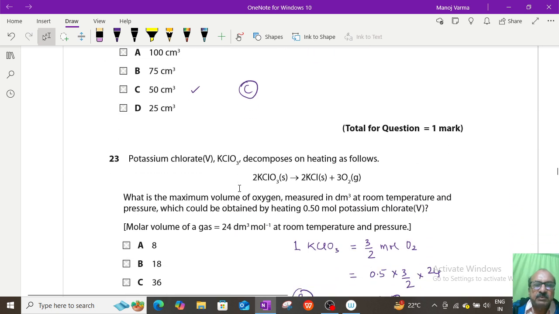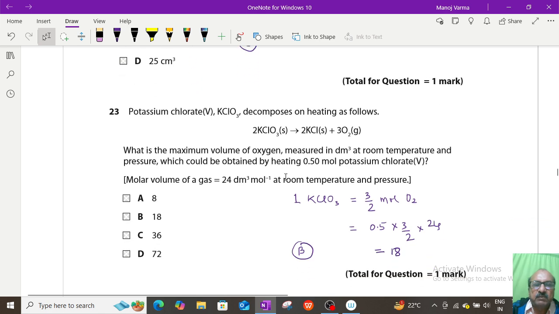Go to question number 23. Potassium chlorate decomposes on heating as follows, and what is the maximum volume of oxygen measured at room temperature which could be obtained by heating 0.50 mole of potassium chlorate? So this is potassium chlorate and oxygen. We have to see the ratio in which they react.